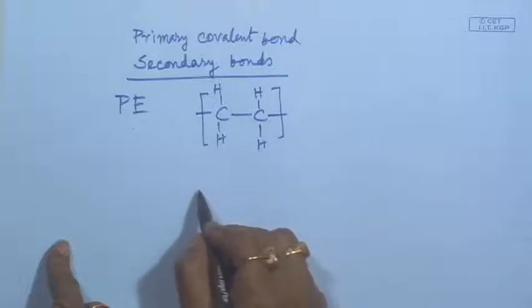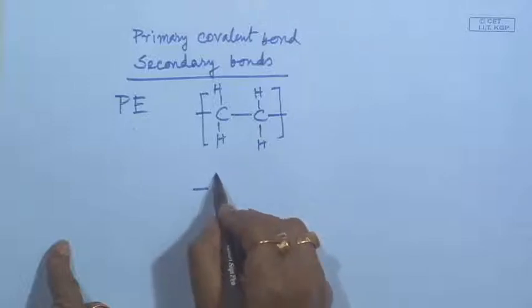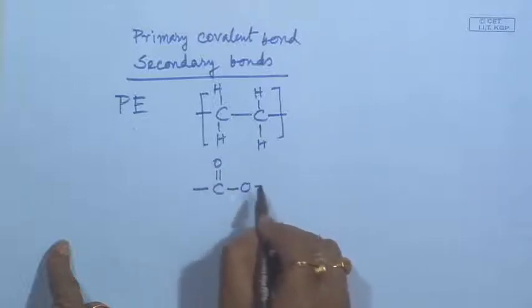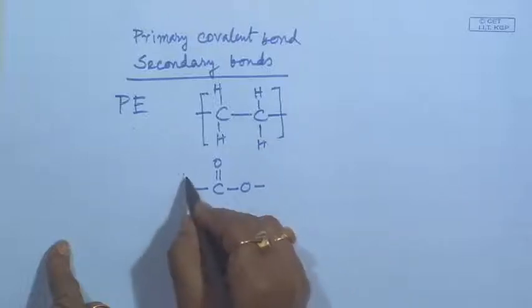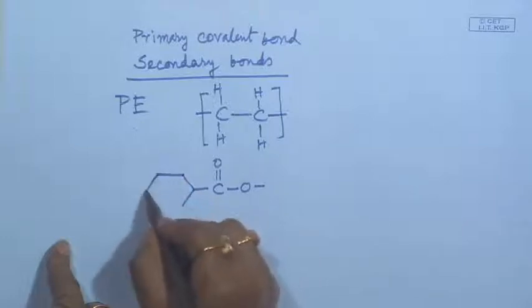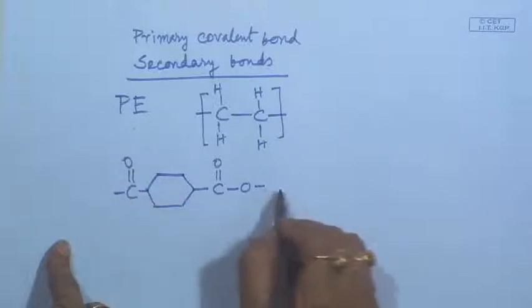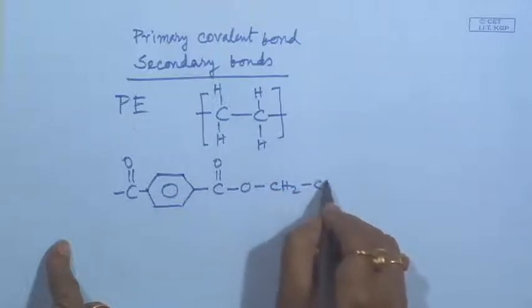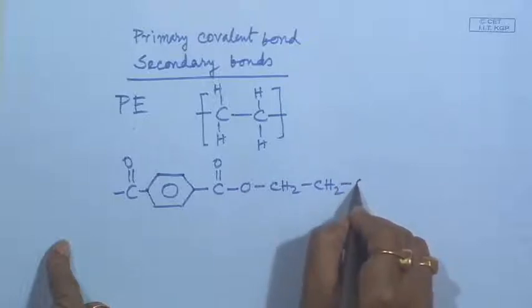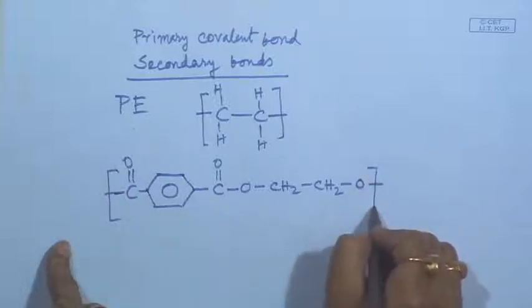There can be other kinds of bonds, say having this kind of structure. This is the repeat unit formula of polyethylene terephthalate.